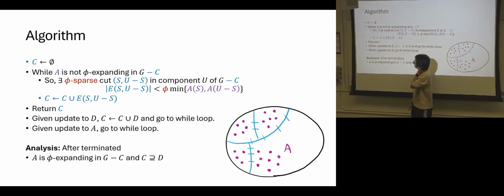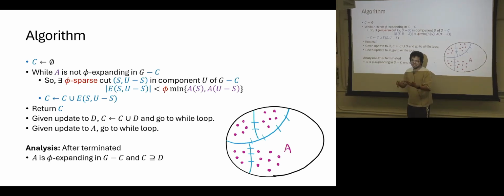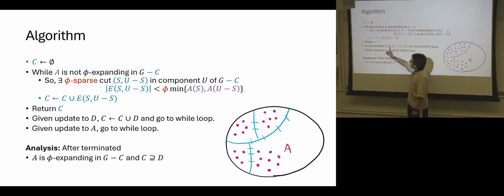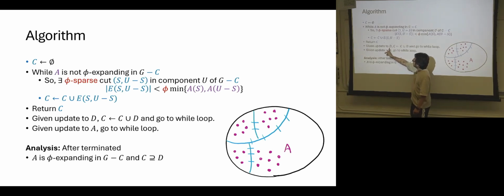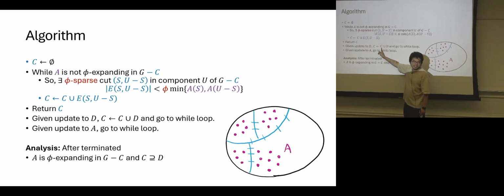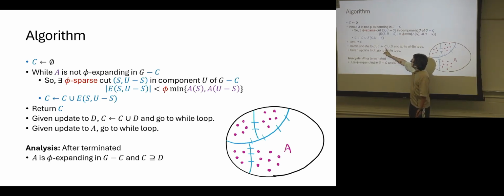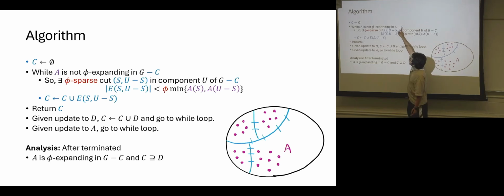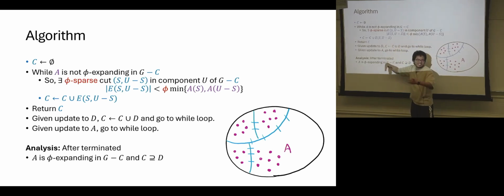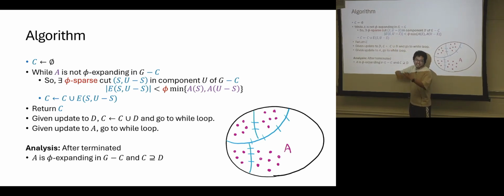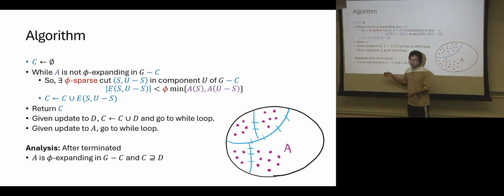Now the user can update things. So let's say that they update D. What we do is just include D into your deleted set, and then check again if A is expanding in our current graph. If not, you check if there is a sparse cut, and keep cutting until there is nothing more to cut.